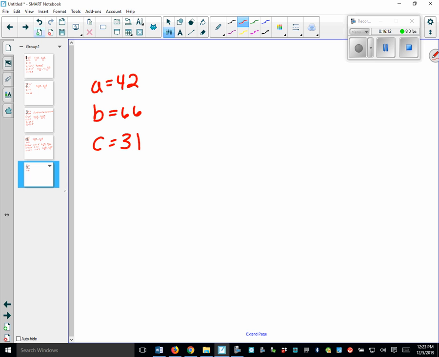Angle C. So 31 squared equals 42 squared plus 66 squared minus 2 times 42 times 66 cosine of C. So you subtract 42 squared and 66 squared to the other side, divide that by negative 2 times 42 times 66, which gives you cosine of C. And then arc cosine that.